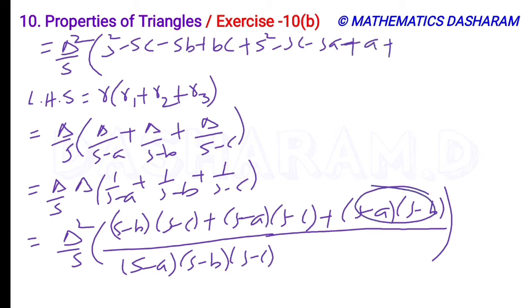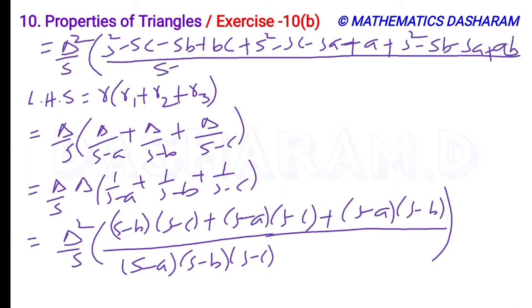Next these two terms, so all divided by s minus a into s minus b into s minus c.